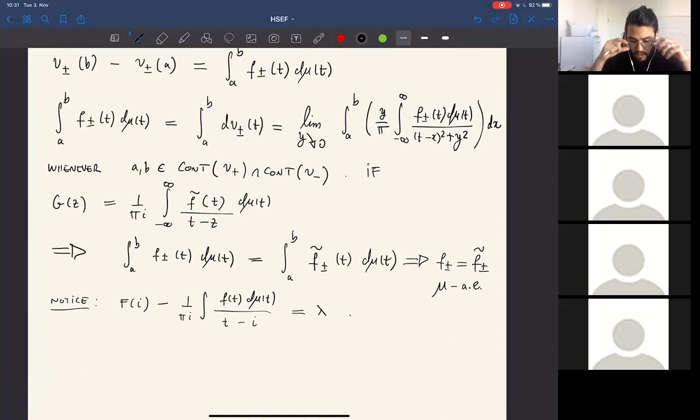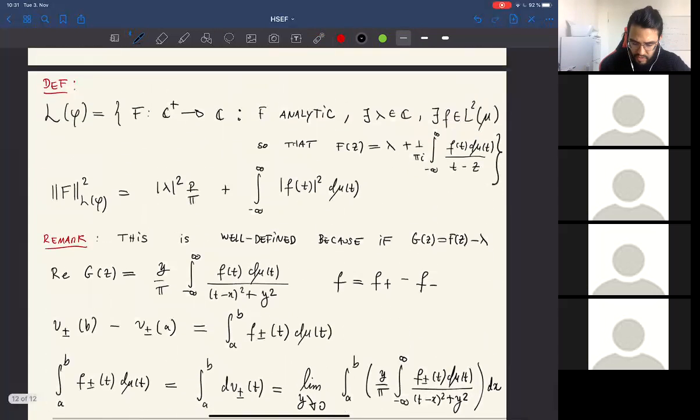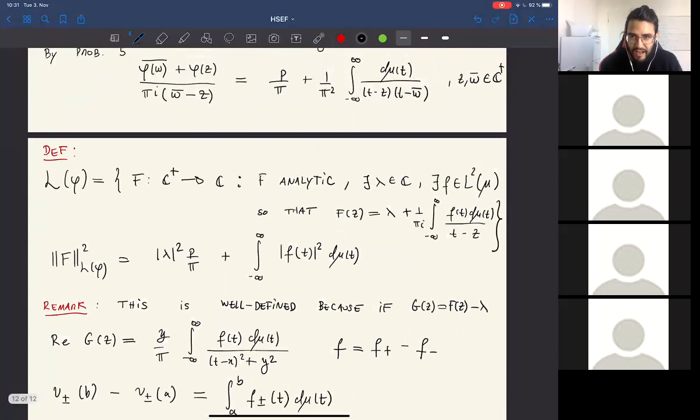Okay. So basically, if you notice what we're doing, it's almost trivial that this is a Hilbert space, because basically what we're doing is just taking some map. In this case it is this map here that takes some f and maps it to this representation here. And then I'm adding a constant, but that's okay.